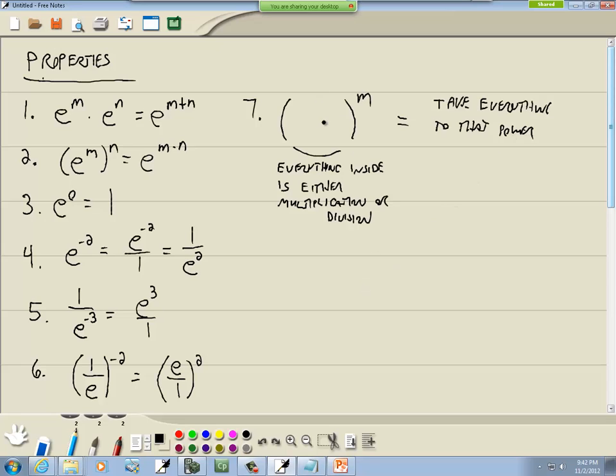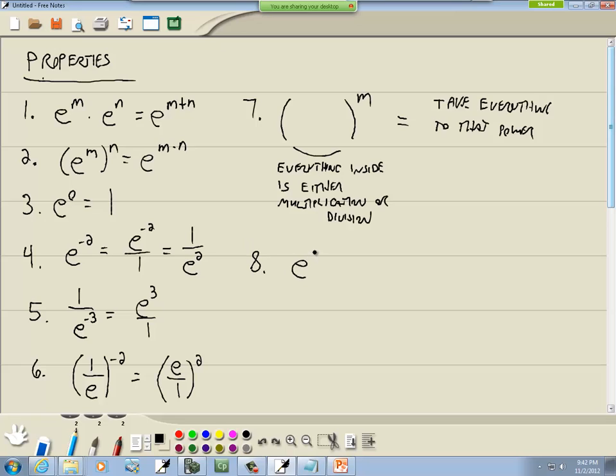Now if you have addition or subtraction in here, you can't do that. But if everything inside the parentheses is either multiplication or division, then you take everything to that power. Some books just list that as like 2 items, but it can be however many. It can be multiplication or division.